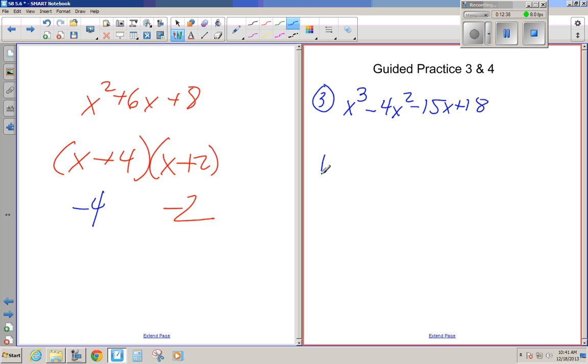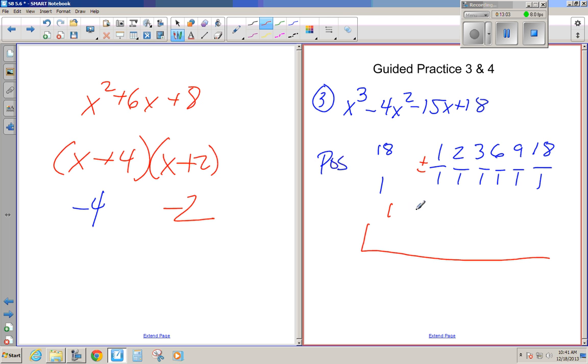So we find the possible ones by looking at 18 over 1, which could be 1, 2, 3, 6, 9, 18, all divided by 1, and all, of course, having a plus or minus. So we then use synthetic division to try it out. And we look at our graph. We grab our calculator real quick, and we just want to get a sketch of it. It doesn't have to be perfect. And we put it into the calculator.